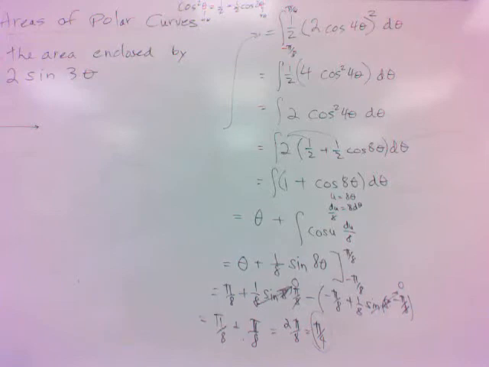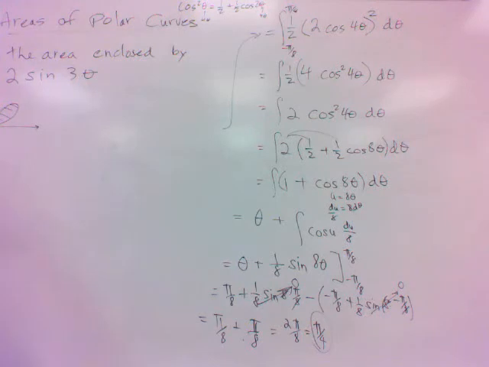How many leaves does that one have? This one's got 3 leaves. Okay? So I want to find the whole area swept out there. Good news, though, is the total area is just 3 times one of the loops, because all these loops are symmetrical.